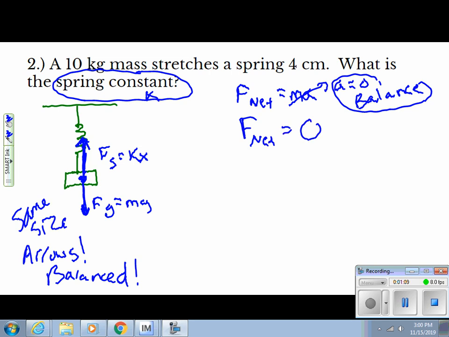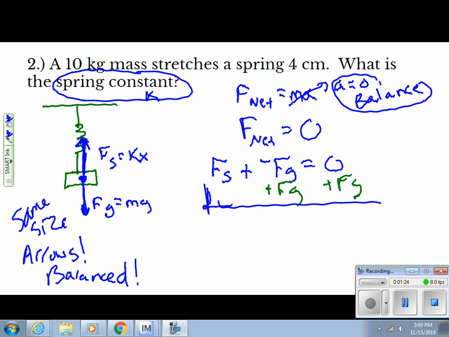What are my two opposing forces? The force of the spring plus a negative force of gravity equals 0. I add force of gravity to both sides. Now I can say, ooh, that's a crazy thing. All right, force of my spring equals, that cancels out, Fg from over here.